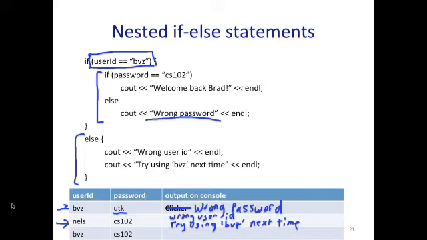And finally, this last case, we have user ID is BVZ, so this statement right here is true. We now come and execute this conditional. The password CS102 causes this expression to be true, and we print out welcome back Brad.